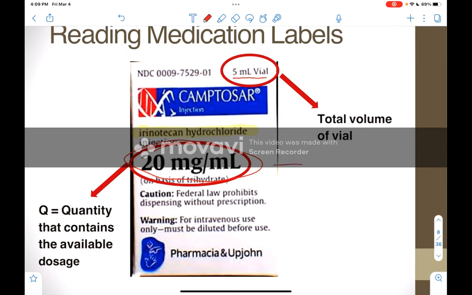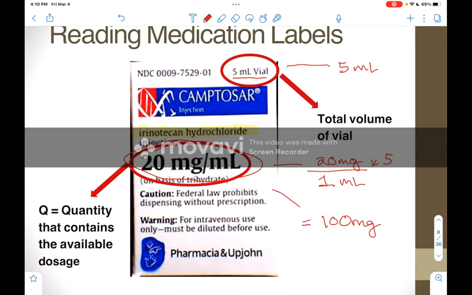So we can think of this as 20 milligrams in 1 milliliter. And this vial has 5 milliliters in it total. So how many milligrams is in this whole vial? I usually like to figure this out. Well, if there's 20 in 1, if we take this number and multiply it times 5, then we'll have 100 milligrams. So that's how many milligrams is in this whole vial, which is good to know.